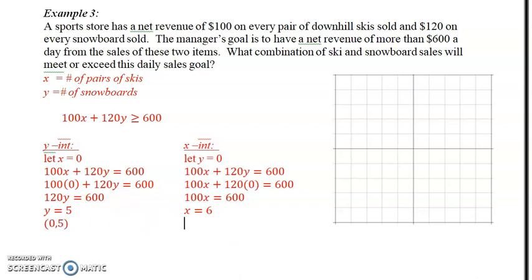So your x-intercept is 6 and 0. Okay? And you just plot those 2 points on your graph.